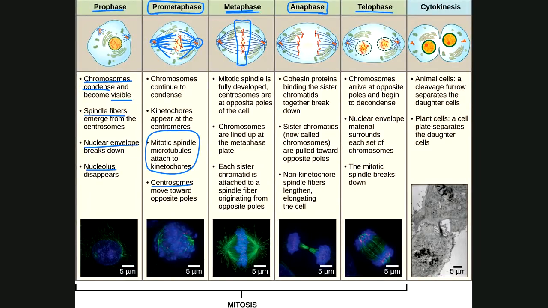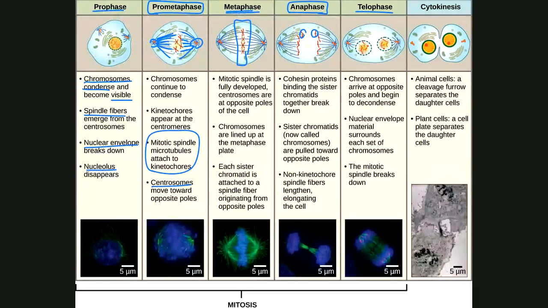So here is one arm of a chromosome, and here's the other arm. They've been separated. Once they are separated, they're no longer called sister chromatids. Now they're called sister chromosomes, because they are a chromosome fully in their own right. If they are attached together, they're called chromatids. Once they're separated, they're called chromosomes.